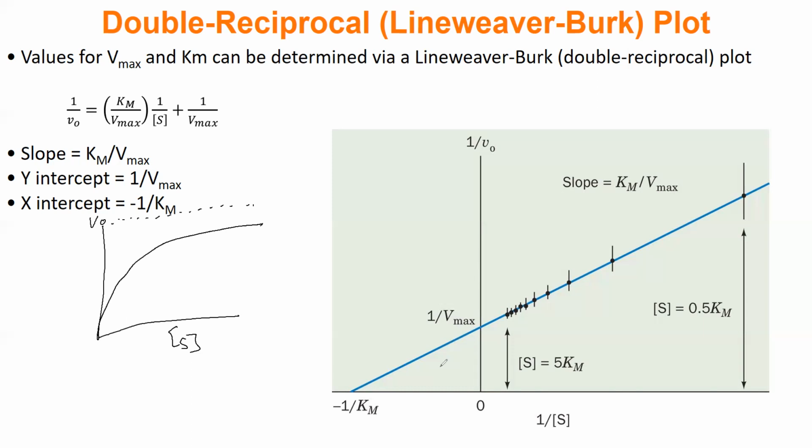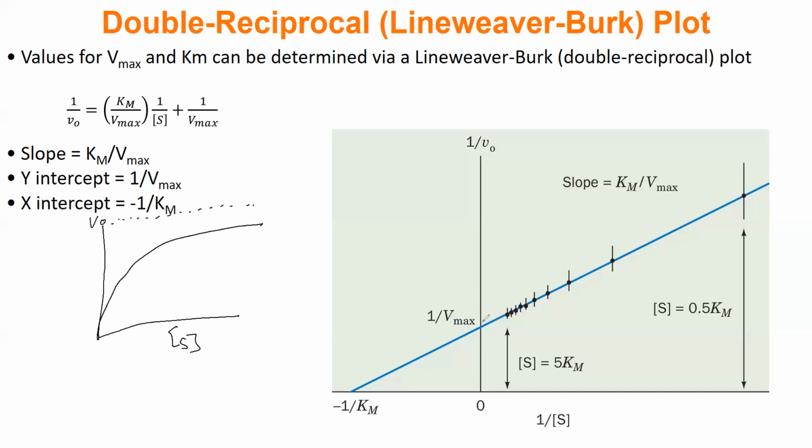However, historically, we had to use this method, called the Lineweaver-Burke, where you plot your data where the y-axis is 1 over velocity and the x-axis is 1 over substrate. And when you do this, you get some interesting information.